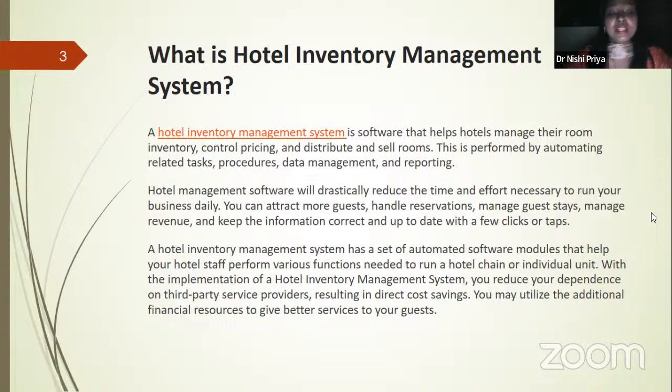Let me give an example of how the hotel inventory management system works here. Suppose you have a 700-room property, and suddenly at a given time you want to know the room status of room number 301 or 712.